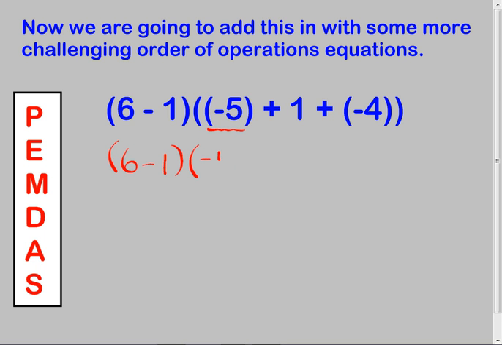So it's a negative 5 plus 1 plus a negative 4. Okay, the easy one. Jake, what's the first parentheses going to give us? 6 take away 1. Right, that's the easy one. Do I need the parentheses any longer? Not really. I can keep them in there if I want. Because right now, this is not a grouping symbol, but this is a multiplication symbol.